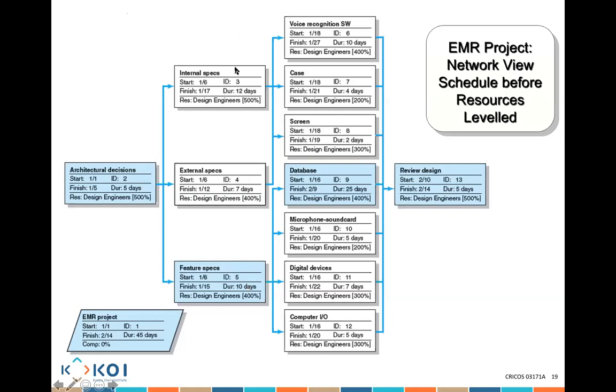Which means what's going to happen to activity 3? When can it start? It can start after 4 and 5, that's correct. So activity 3, which is internal spec, could start after 4 and 5, which is 800%.